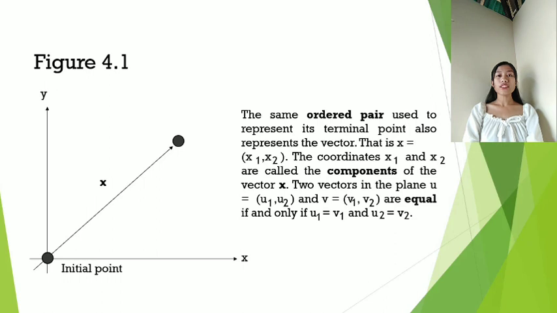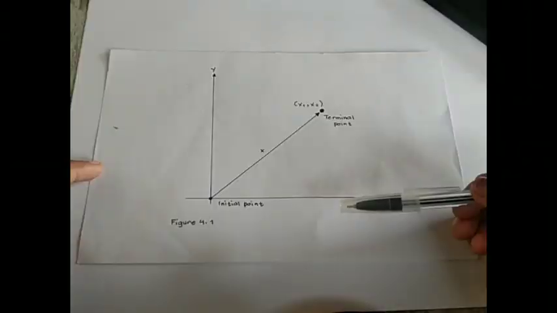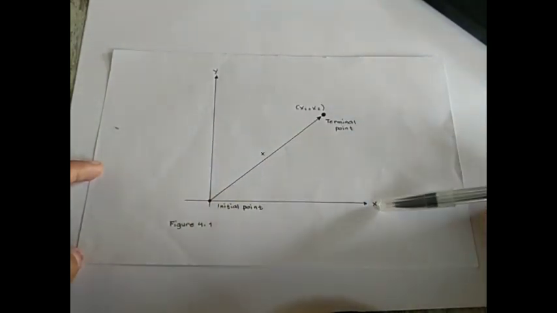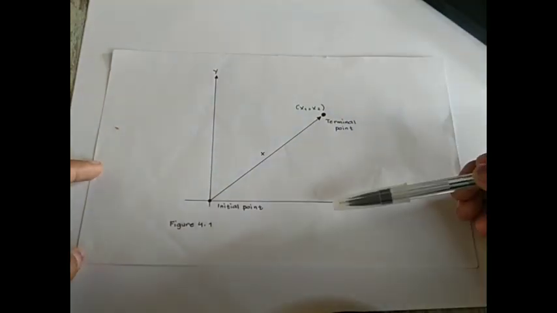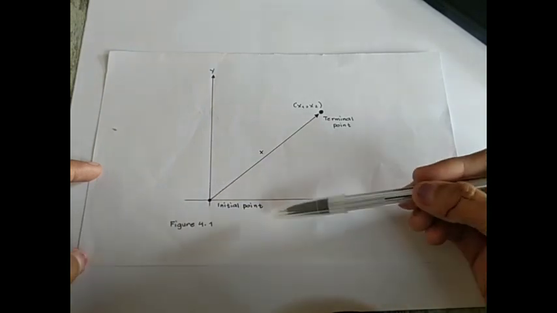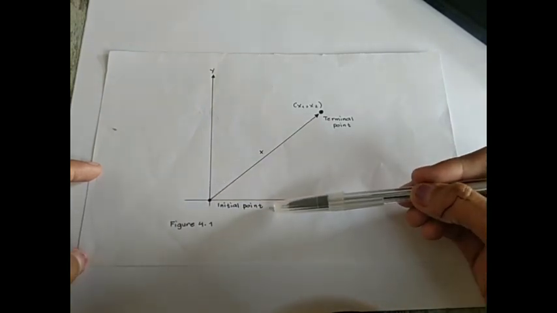So now let us look and analyze the figure 4.1 para mas maunawaan natin kung ano nga ba talaga ang vector. Kung maaalala natin way back in high school, napag-aralan na natin yung Cartesian plane and it composed of x and y axis. So yung point na makikita natin dito sa origin, ito yung tinatawag na initial point.